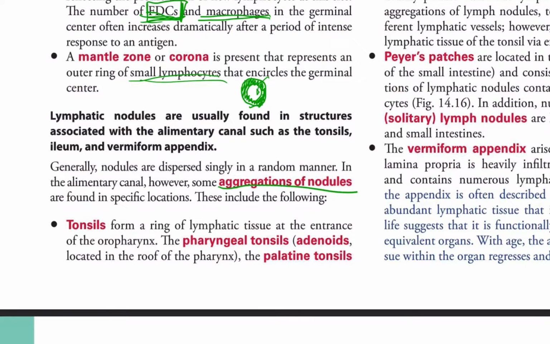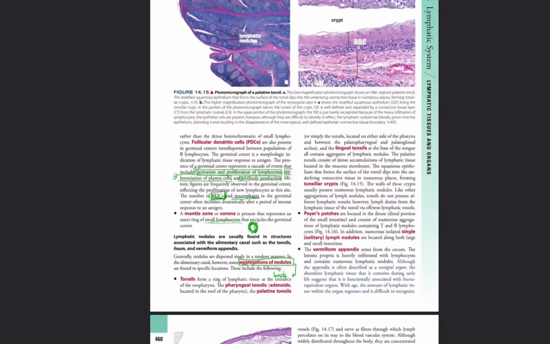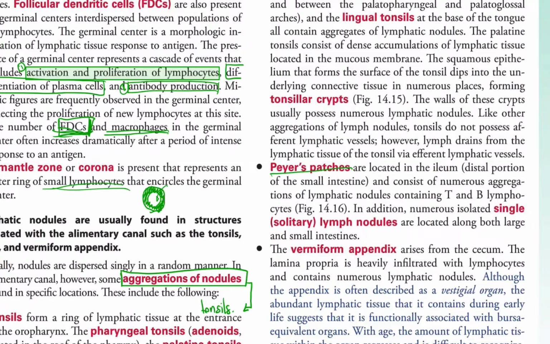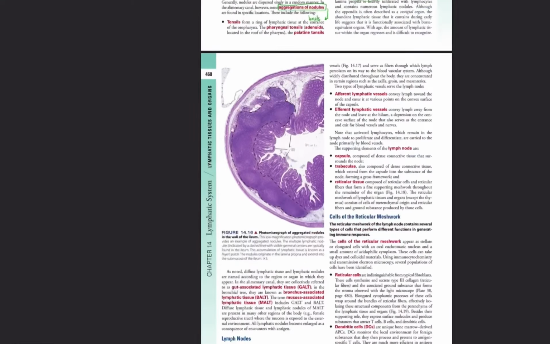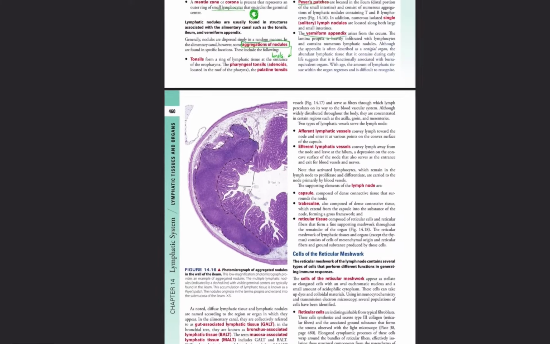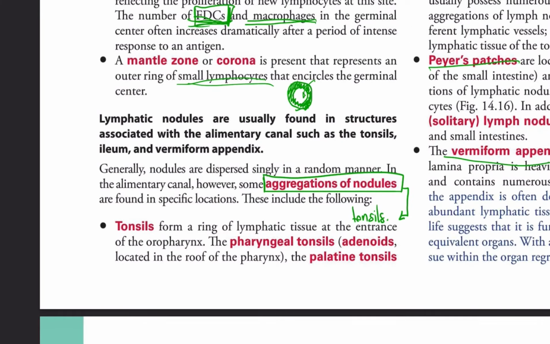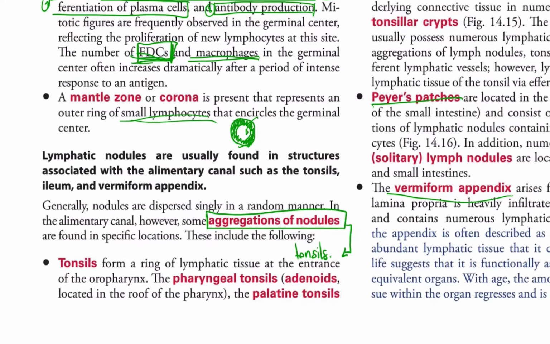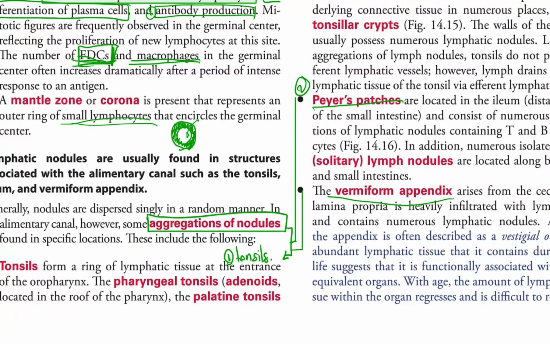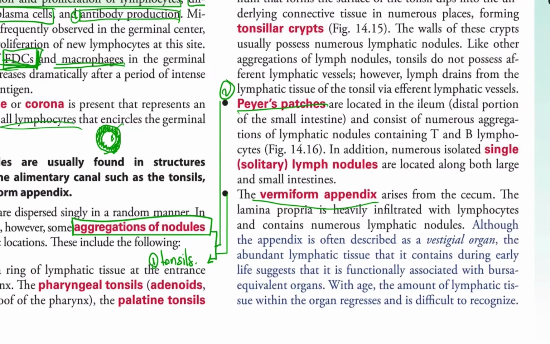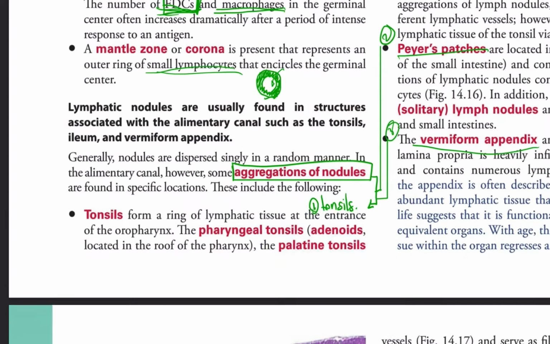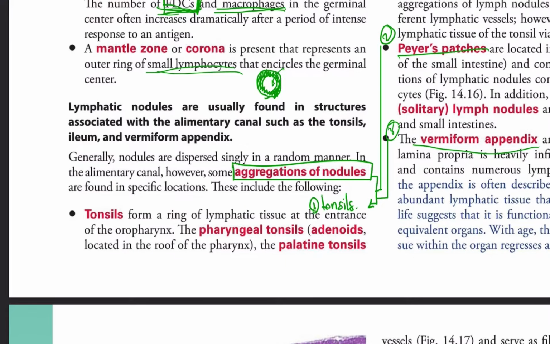Aggregations of nodules give us tonsils, Peyer's patches, and the vermiform appendix. So we have three things: one, tonsils; two, Peyer's patches; and the vermiform appendix, which arises from the cecum.